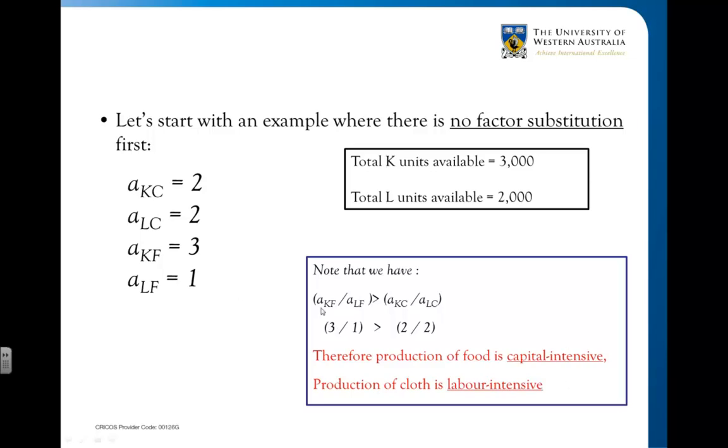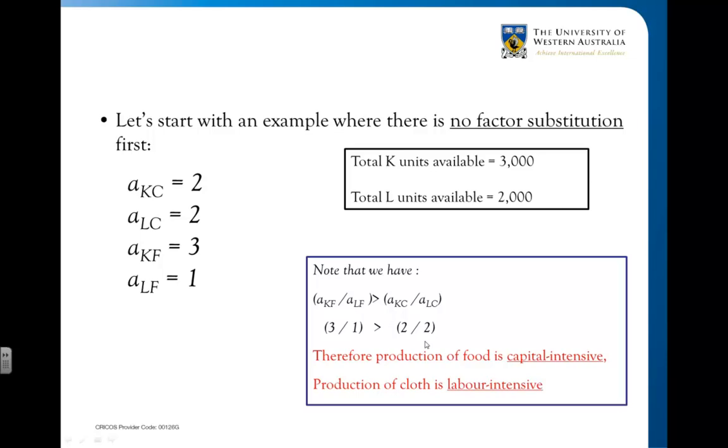In terms of food, it takes 3 units of capital and only 1 unit of labour to produce a unit of food, whereas for cloth it's 2 units for each. So in terms of relative intensities, the production of food is relatively capital intensive, using more capital than labour, certainly relative to the production of cloth.